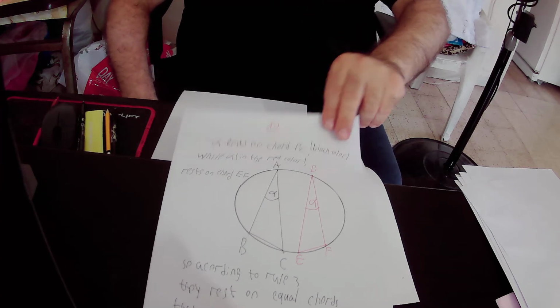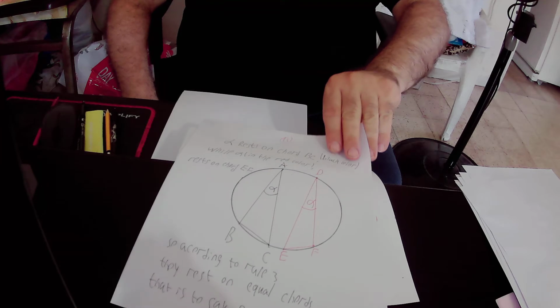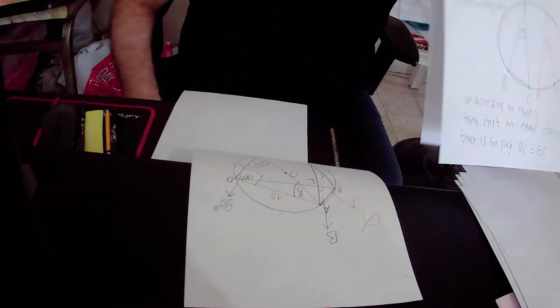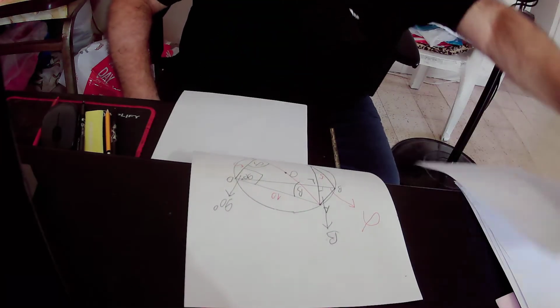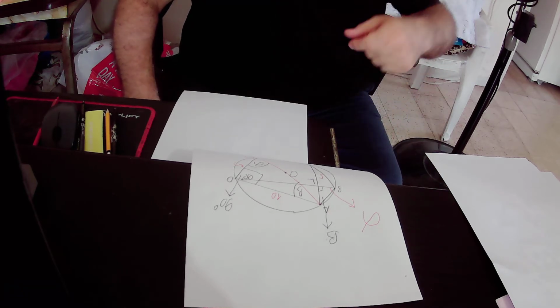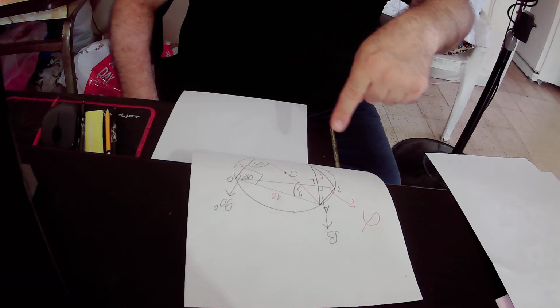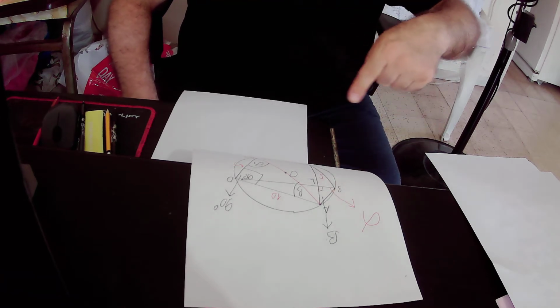Okay, so we can implement rule number 3 in our circle, because angle BAC is angle beta.